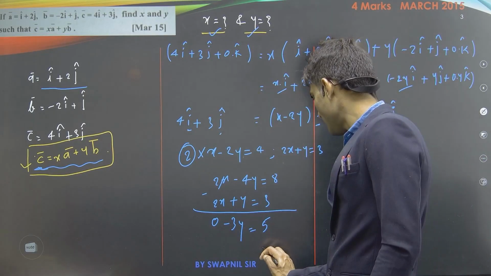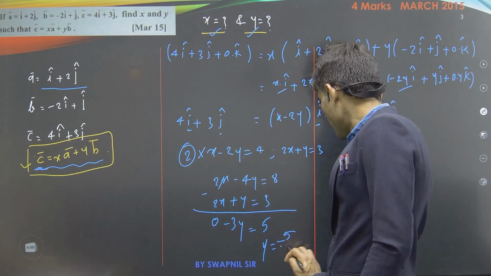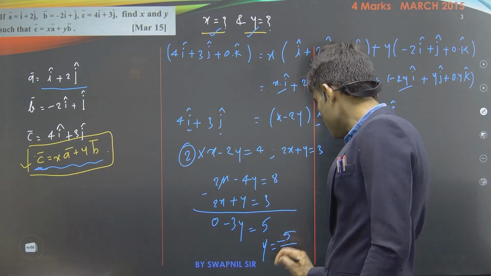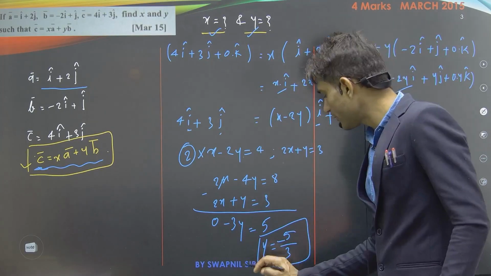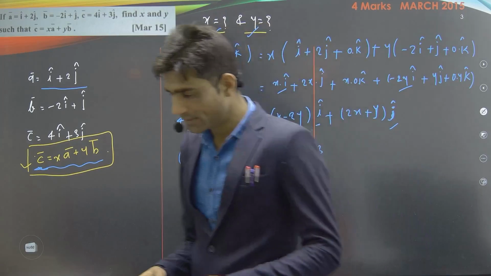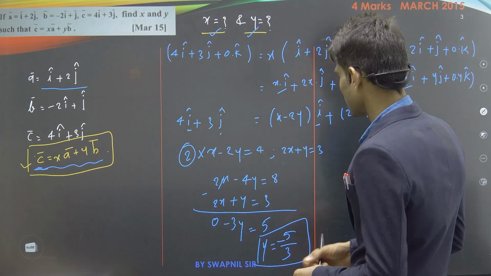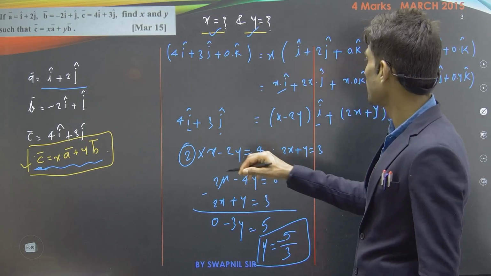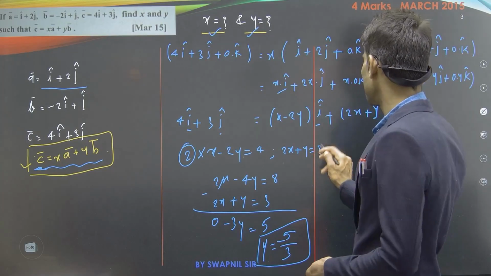Then y can be written as negative of 5 divided by 3. So I got the value for y, which is negative 5 divided by 3. What we have here is x minus 2y equal to 4, and 2x plus y equal to 3.